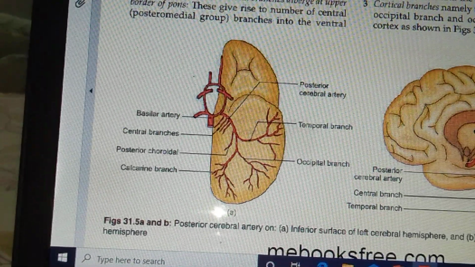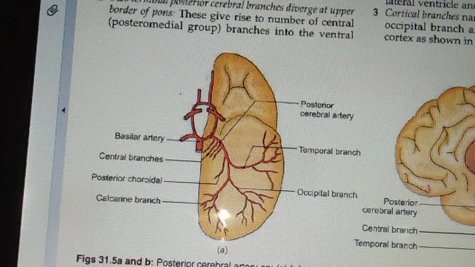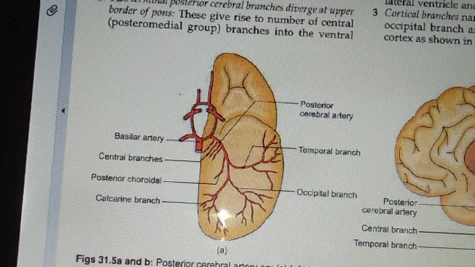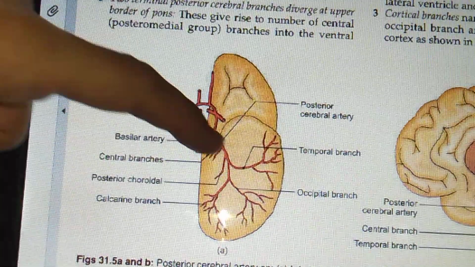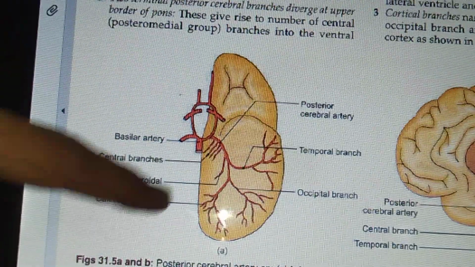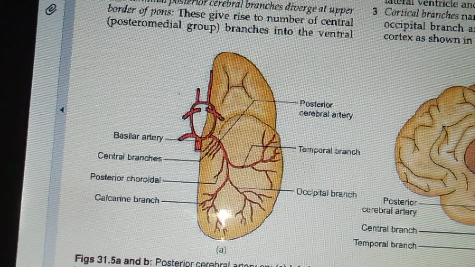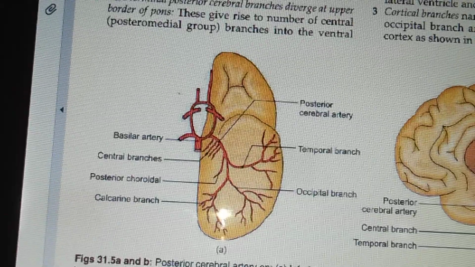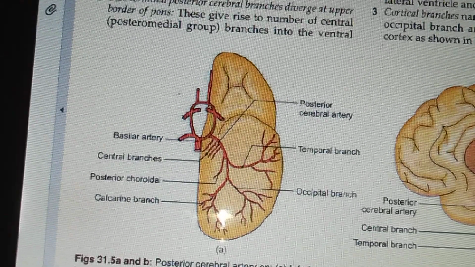Okay. Now you can see one more diagram. We will understand this. Now here you can see the posterior cerebral artery is shown, right? And this is the branching of the posterior cerebral artery, right? So we will be learning about the branches of the posterior cerebral artery. First is the posteromedial central branches.